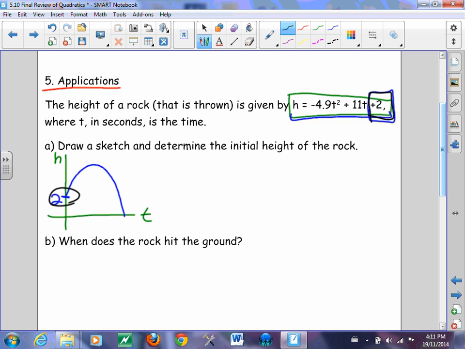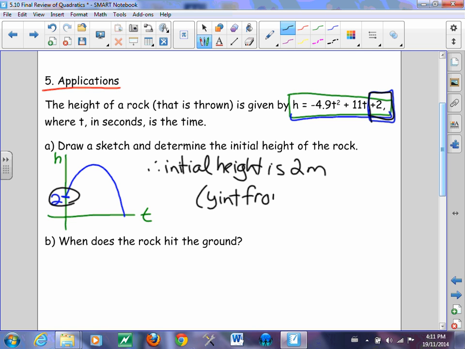So you're going to say, therefore, initial height is 2 meters. And you could say y-intercept from equation, so y-intercept from equation equals the c value.